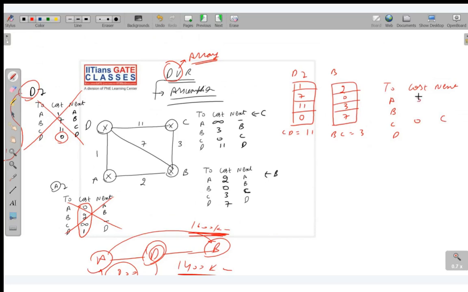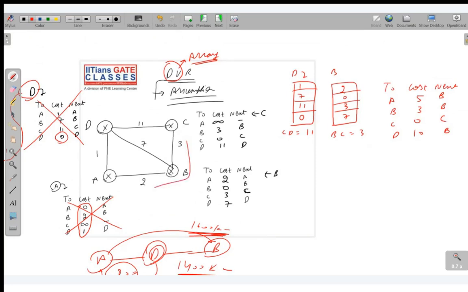Which is better? 5 is better, via B. For B: 3 plus 0 is 3, 11 plus 7 is 18. Which is better? 3 is better, via B. For D: 11 and 10. Which is better? 10 is better, via B.